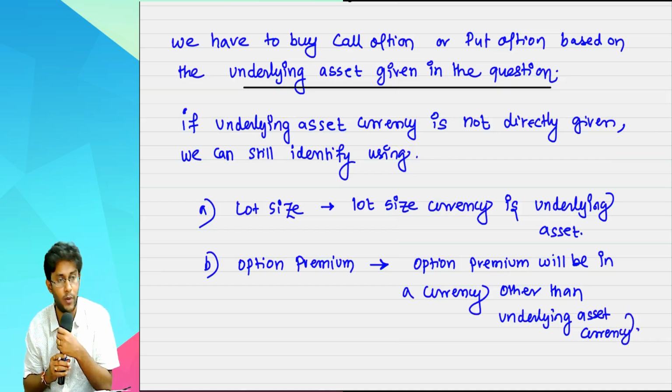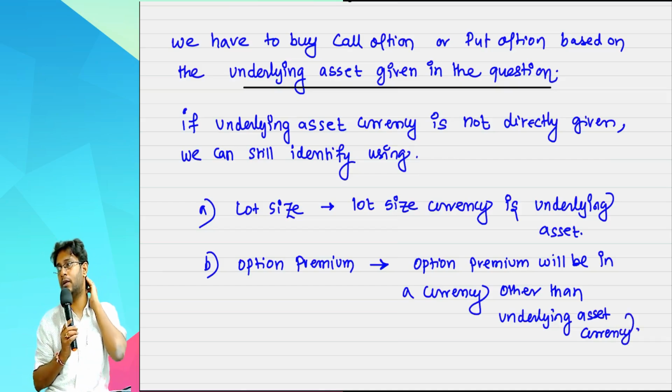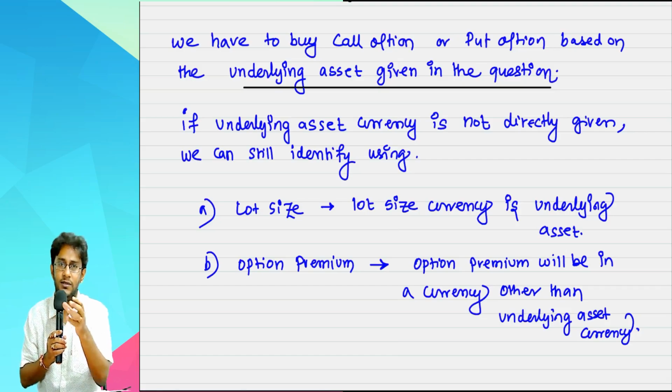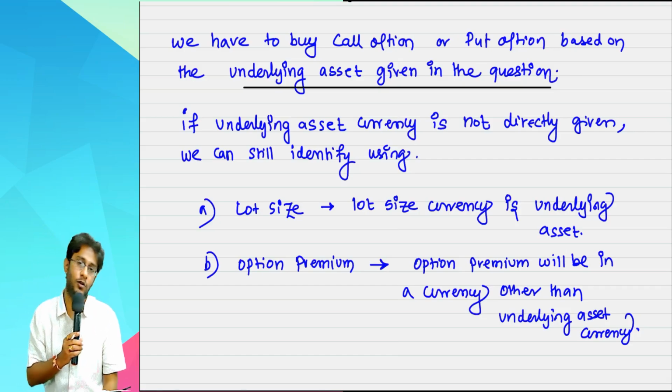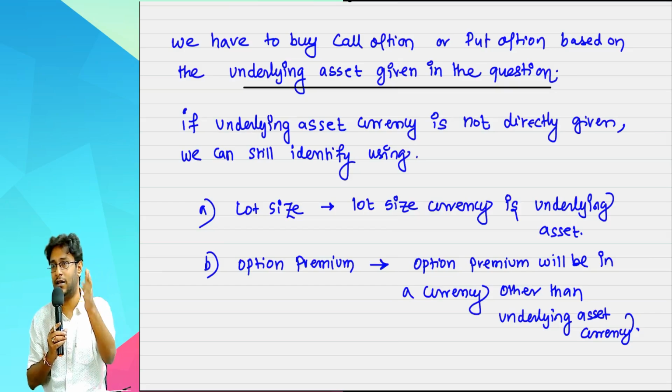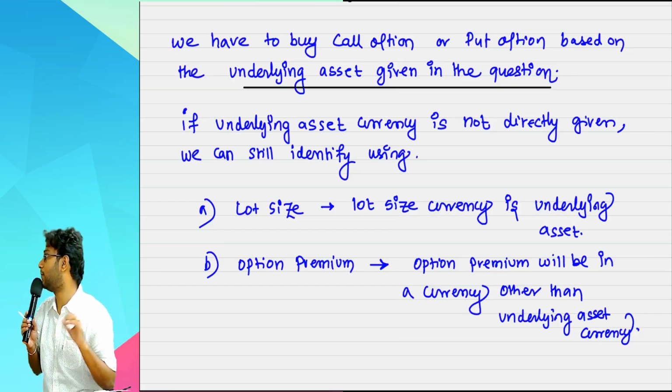So go and check which currency the option premium is in. If the option premium is in some currency, that is not your underlying asset. The other currency that is there will become your underlying asset. Like that you have to catch it.